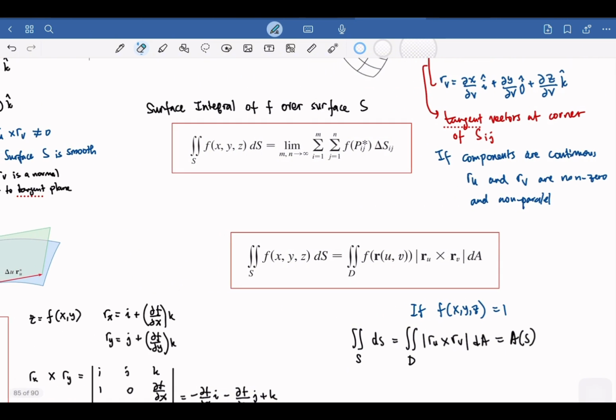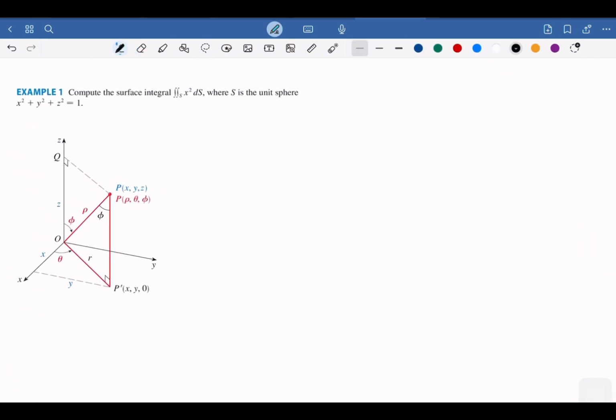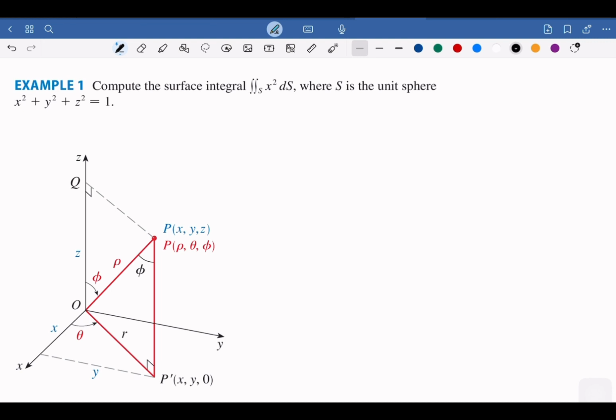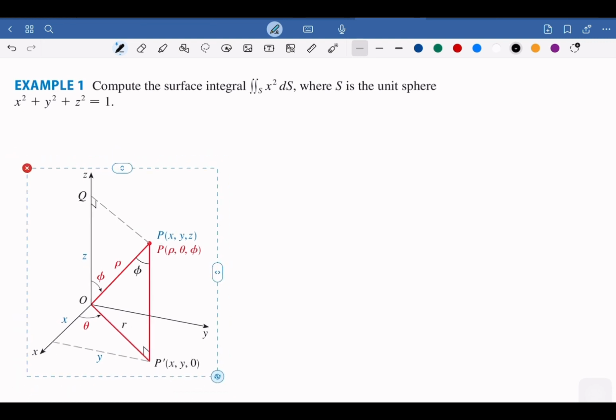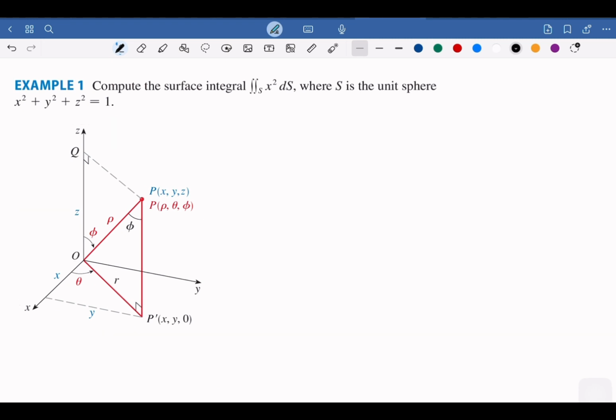I will start with example one here, which uses what we call spherical coordinates. Spherical coordinates is a three-part coordinate system comprised of the radius and two angles: angle theta, which is on the xy plane, and angle phi, measured from the z axis, which moves only from 0 to pi. But theta can rotate a full circle.